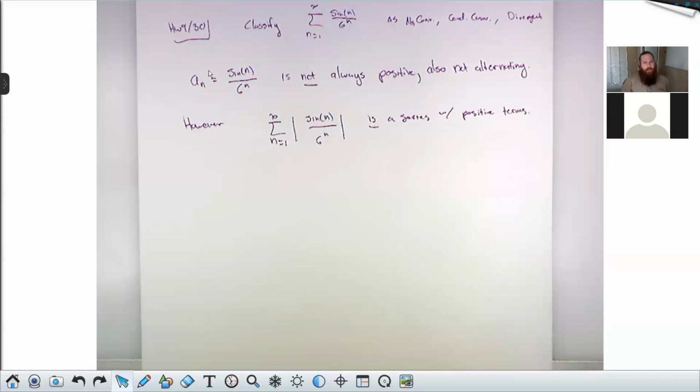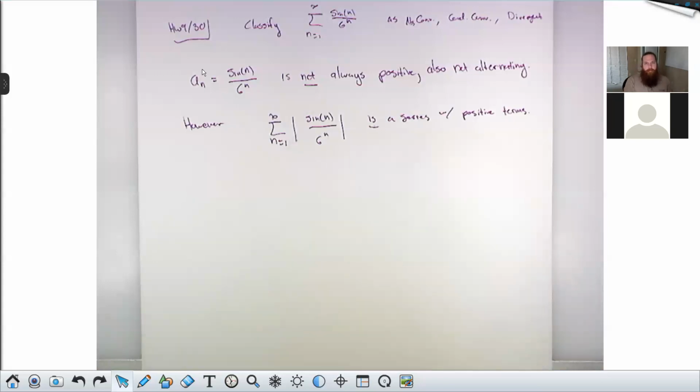If everything was positive here, limit comparison test would be an option, but not necessarily the best option. Because the sine n piece here wants to bounce back and forth, which makes the limit that you would need for limit comparison test a little bit challenging.